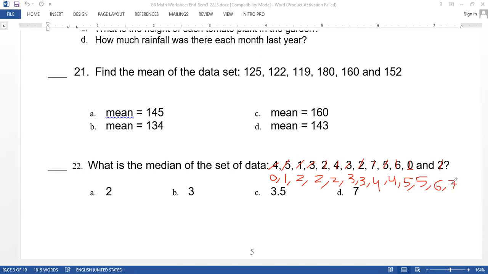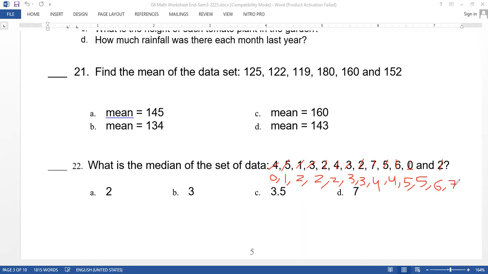Now I want to find the median. The median is the middle number after we arrange or order the data values from least to greatest or from greatest to least. Now let me count them: 1, 2, 3, 4, 5, 6, 7, 8, 9, 10, 11, 12, 13. Because they are 13 values, they are an odd number, so it's easy to find the middle number.